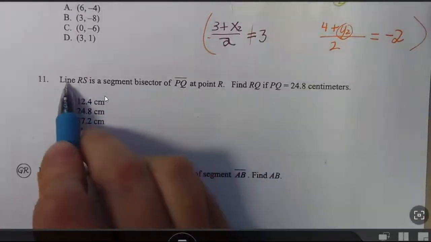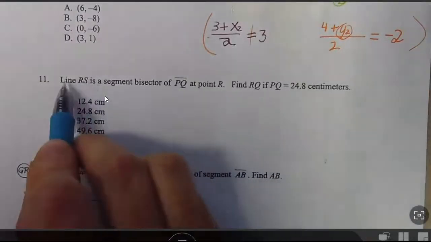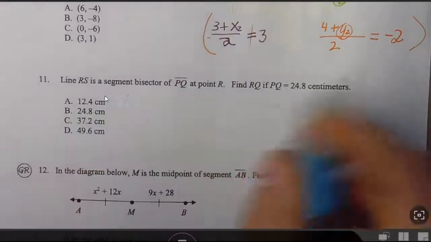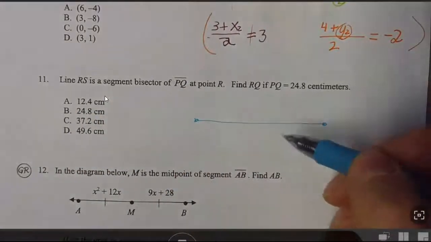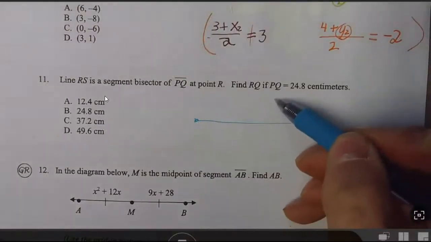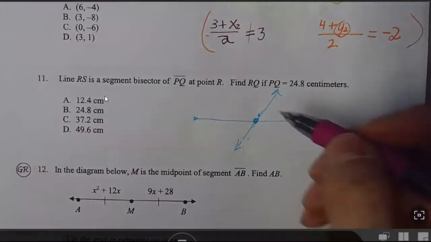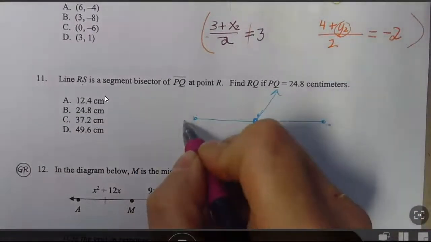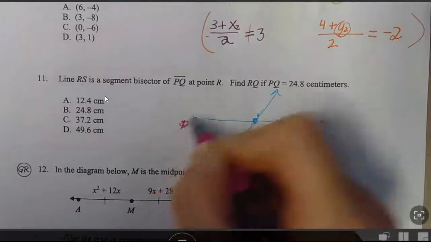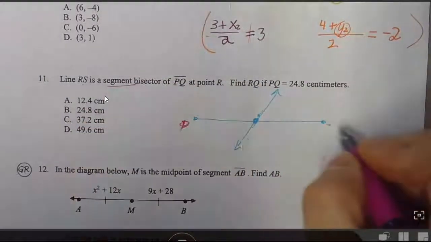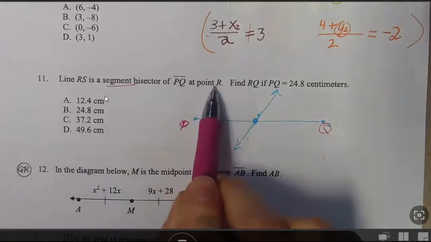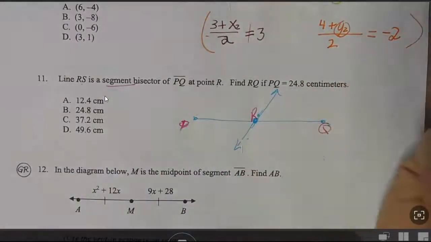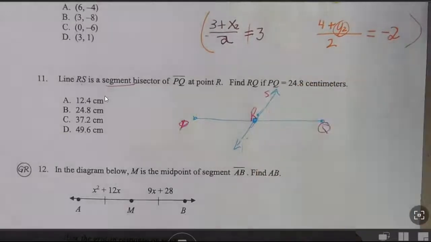We have line RS is a segment bisector. So let's draw our segment first, and let's draw a line right in the middle because we know it's a bisector. We have a segment PQ, and it bisects at point R, so we're going to call this RS because that's our line.